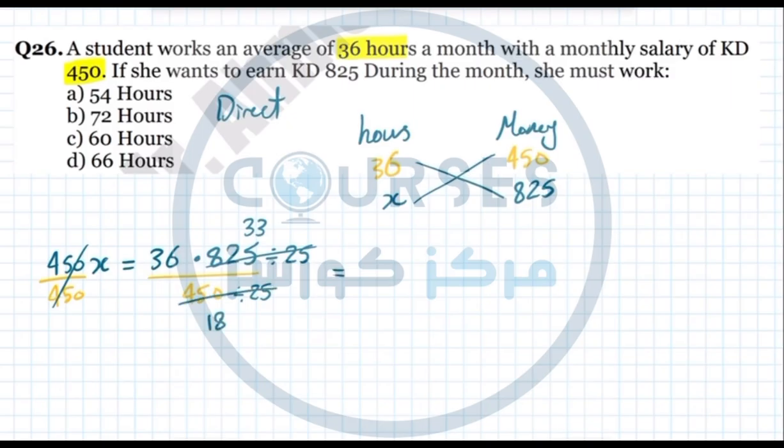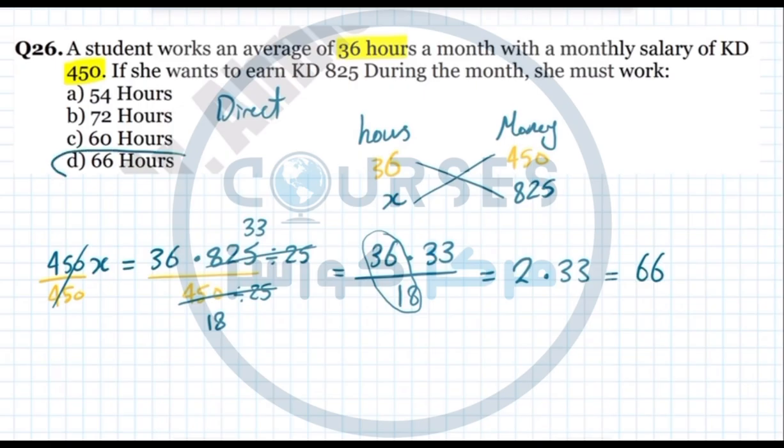Okay, so it's looking better. 36 times 33 over 18. We can do these together. Actually, 36 divided by 18 is 2. Or you can chip it down by dividing by 2 up and down until you eventually know it's 2. Let's say it's 2. 2 times 33 is 66. So she needs to work 66 hours.